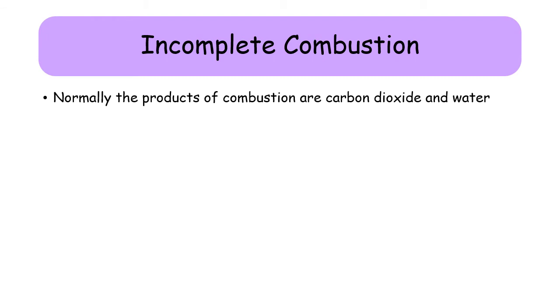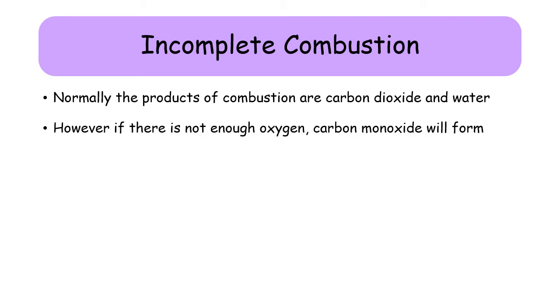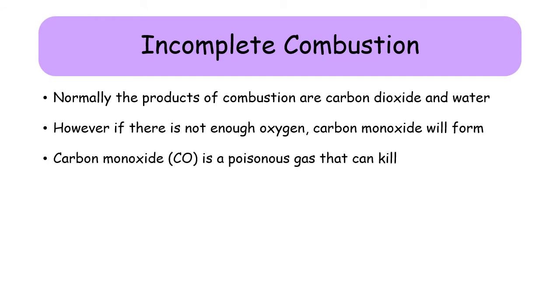Now, normal combustion gives us carbon dioxide and water. But sometimes there's not a good air supply around a fire, and when that happens, we get carbon monoxide instead. Now, carbon monoxide is poisonous, and it can kill if you're breathing it in for too long.